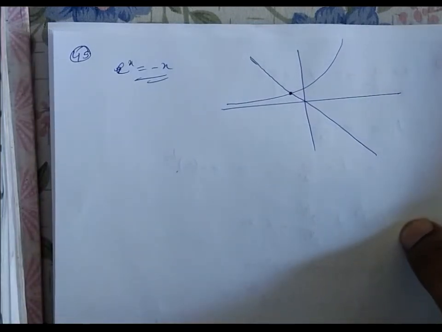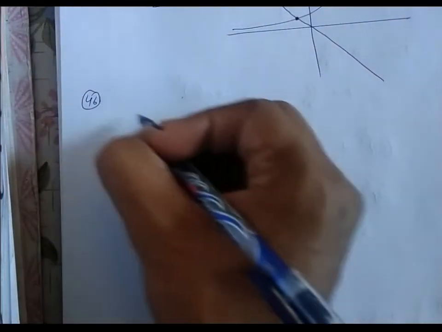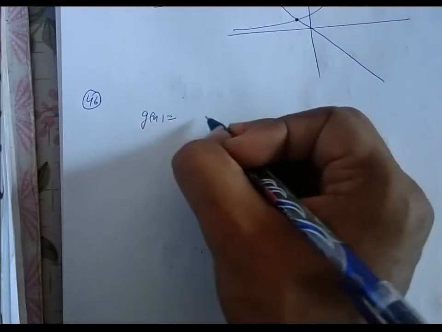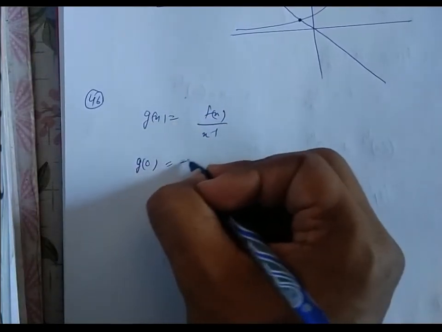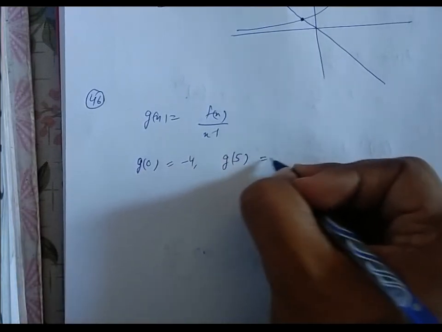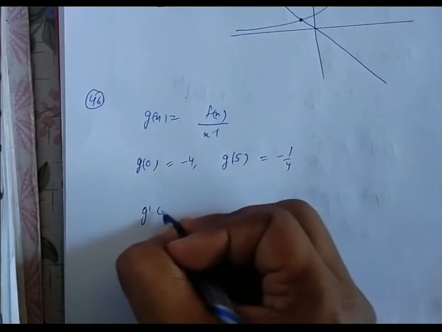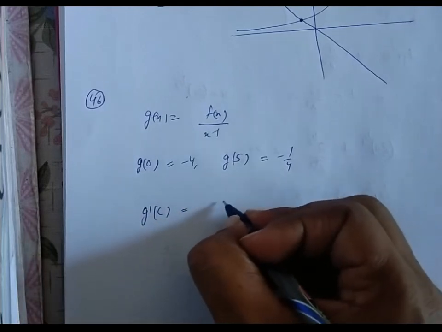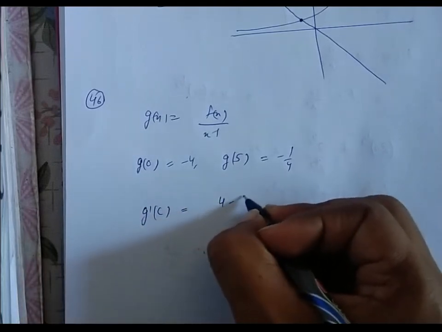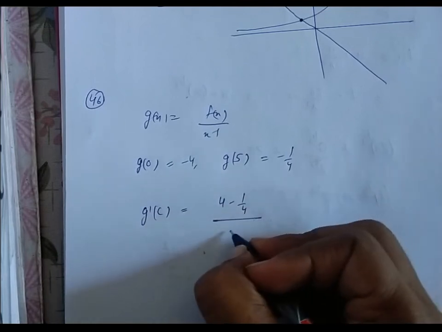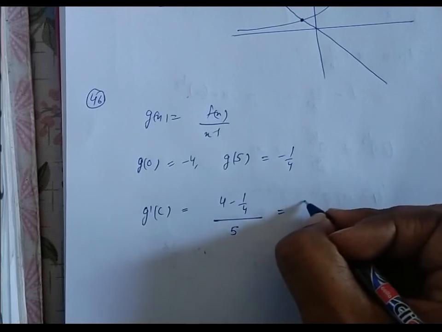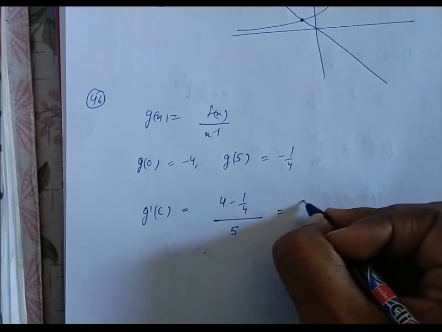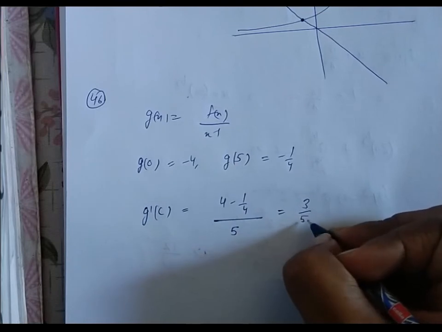So f0 is 4, f5 is minus 1. So gx is equal to fx upon x minus 1, g0 equal to minus 4 and g5 equal to minus 1 by 4, g dash c equal to 4 minus 1 by 4 upon 5, which is equal to 3 by 5, 3 by 4.